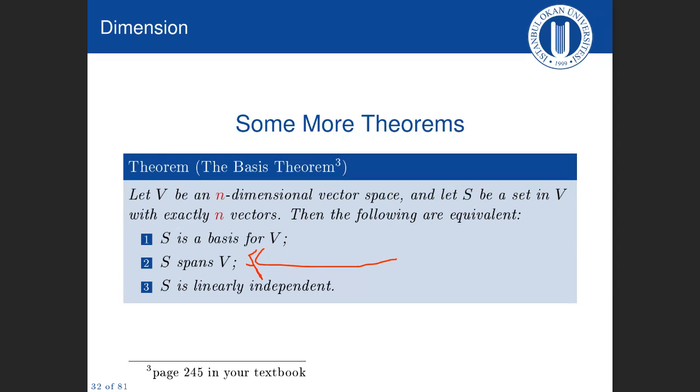You get that free of charge. Or if you know that you have n linearly independent vectors in an n-dimensional vector space, you don't also have to prove that S spans V, because you get that free of charge. You only need to prove one of these, and you get the other one straight away.